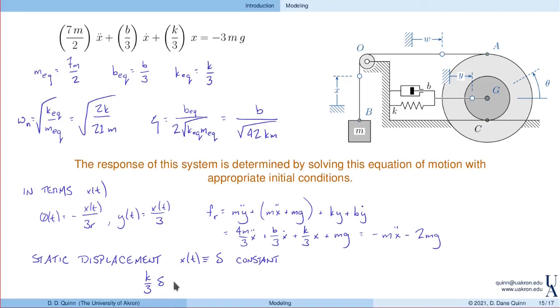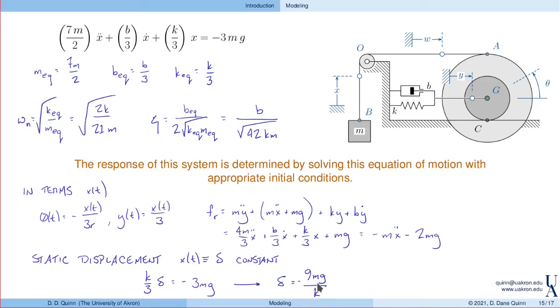K over 3 times delta is equal to minus 3 mg, or delta is actually minus 9 mg divided by k. So what we find is that this block actually falls down by this value.